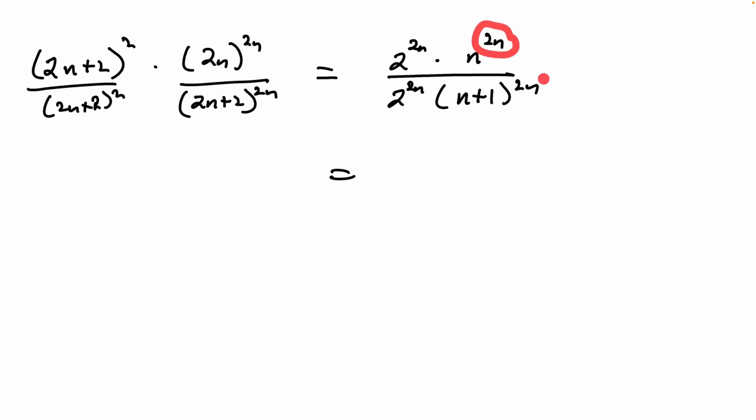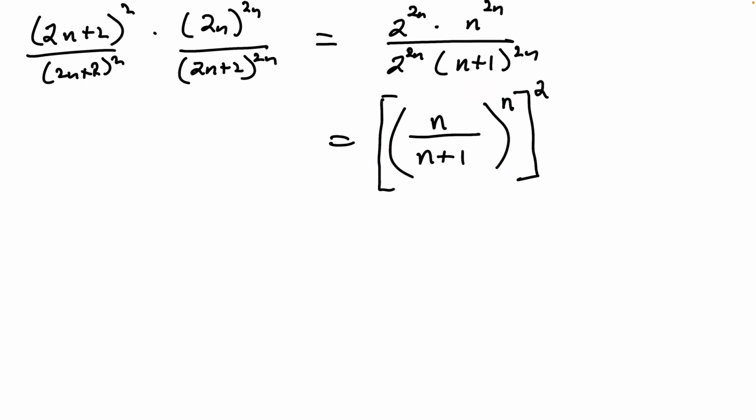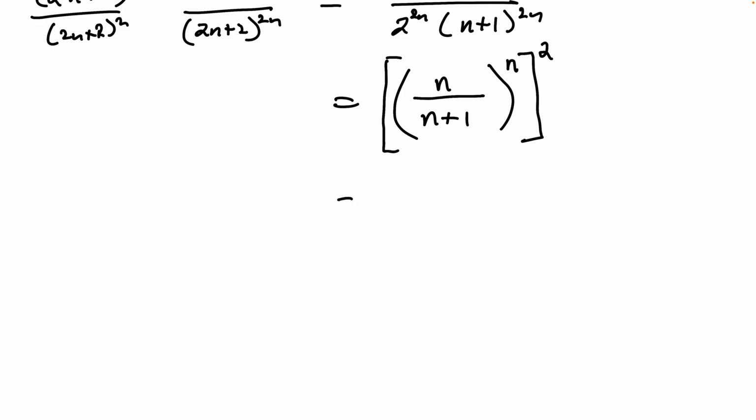Since we have a common power, we can quotient up the bases. And then we know that 2 times n is the same thing as n times 2. And n times 2, because they are powers, I can pull off the power 2 and bring it all the way to the outside. This pops up a lot. It looks challenging, but it's actually rather nice.